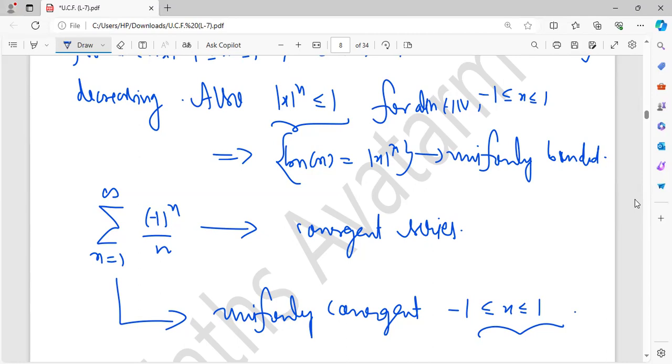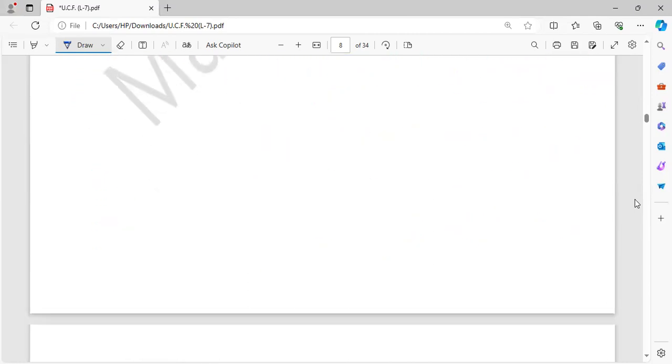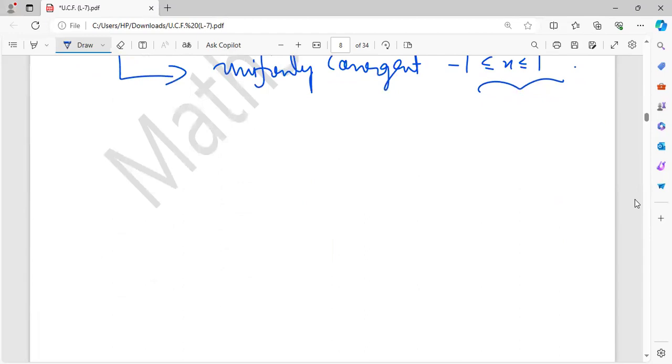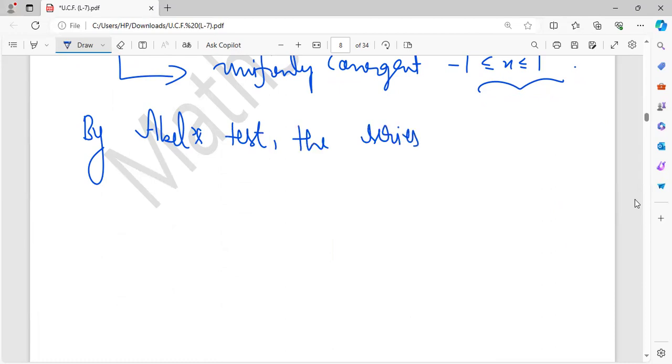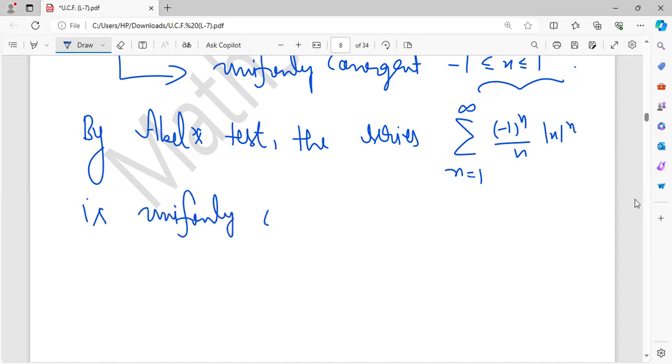Now by Abel's test, the series summation n goes from 1 to infinity (-1)^n |x|^n is uniformly convergent on this.